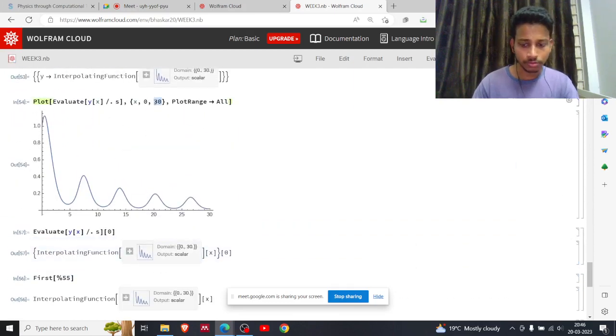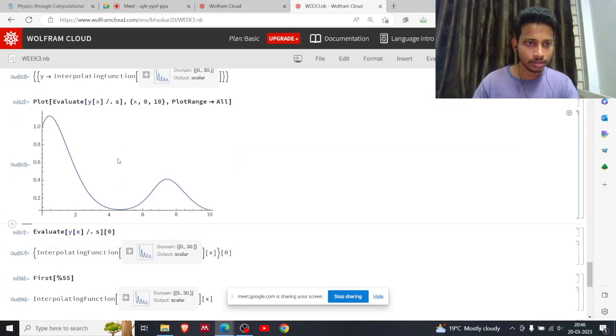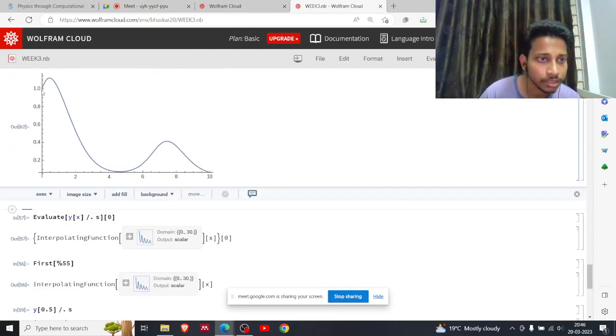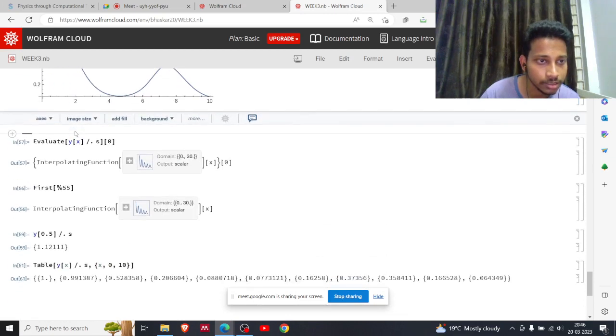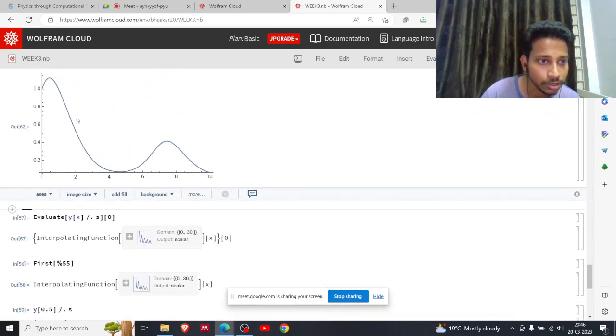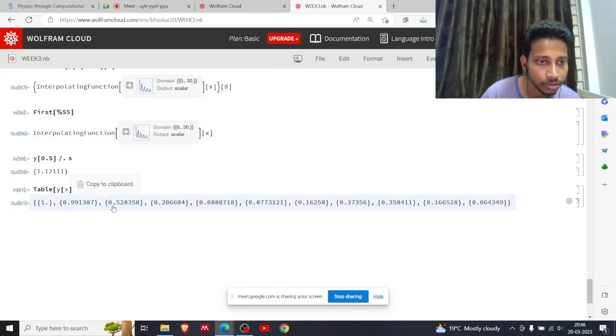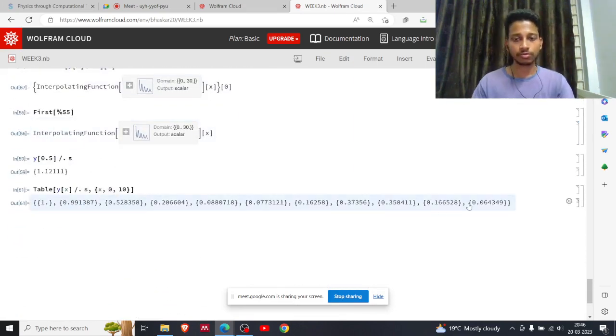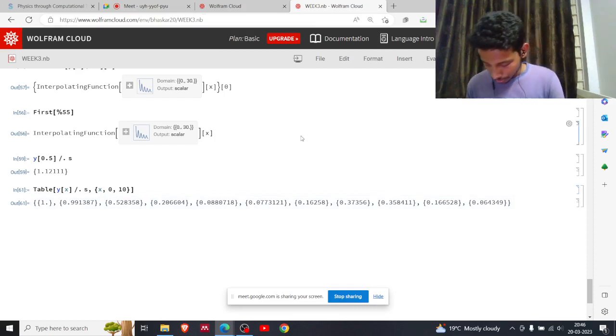I put this to 10. We can check here, like at 0 it is 1, then it is increasing slightly, then it is decreasing. So at 2 it is around 0.5 or something. So yeah, this is the value. So in this way you can generate the table. Okay, okay. So thank you.